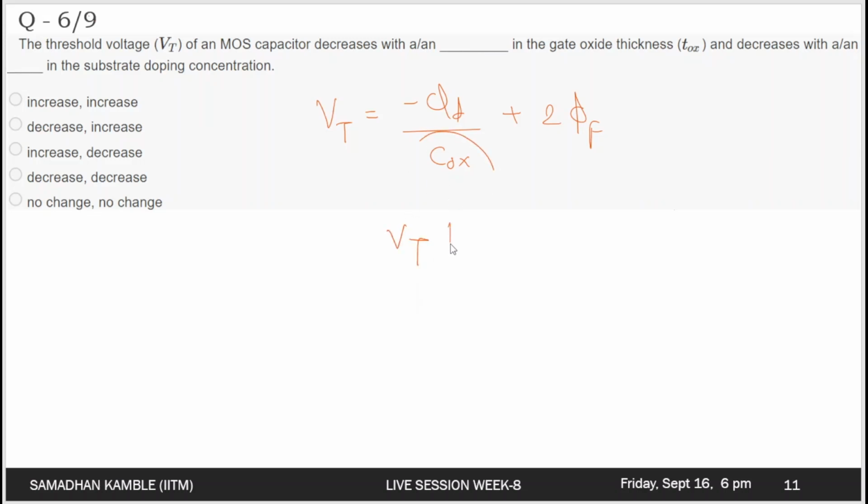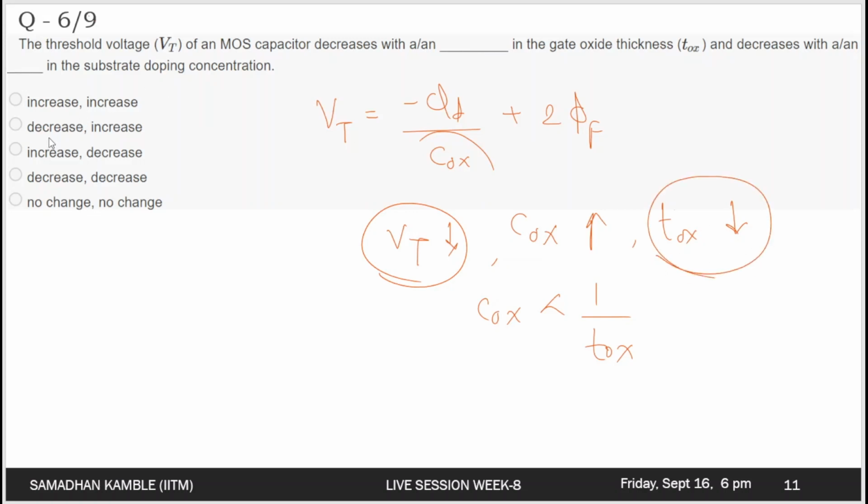It happens when Cox increases, and we know that Cox and Tox are inversely proportional. So Cox increases, that means Tox decreases. So Vt decreases when Tox decreases. So decrease is one option.